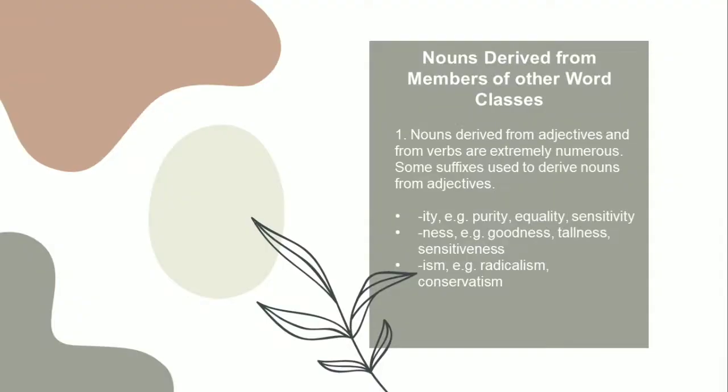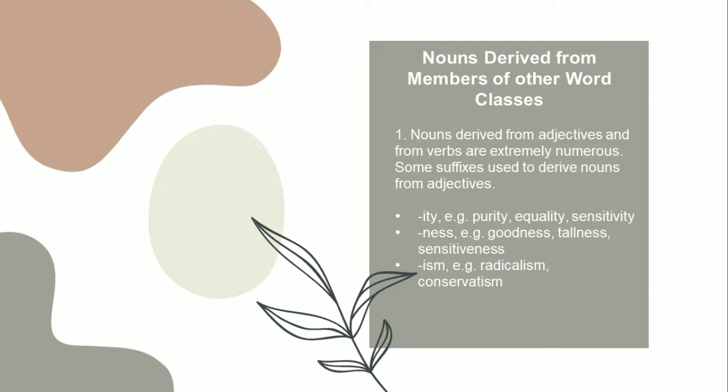Furthermore, nouns can also be derived from members of other word classes. For example, nouns derived from adjectives and from verbs are extremely numerous. Some suffixes are used to derive nouns from adjectives, for example, by adding the suffix -ity, as in the words purity, equality, and sensitivity.